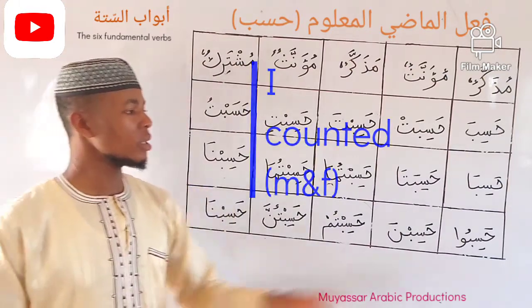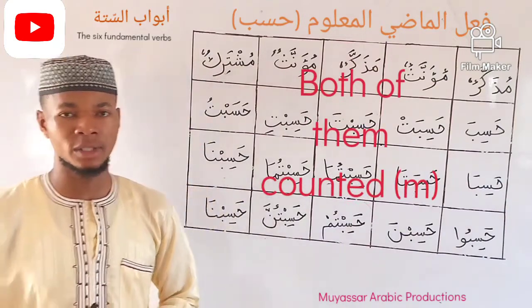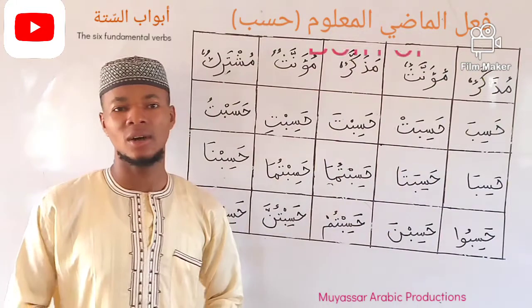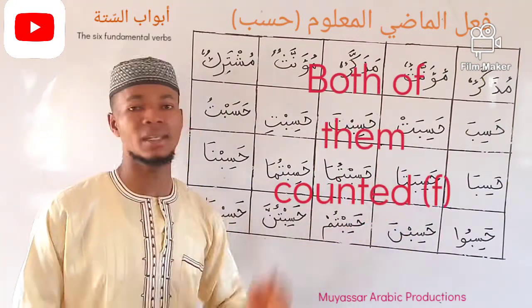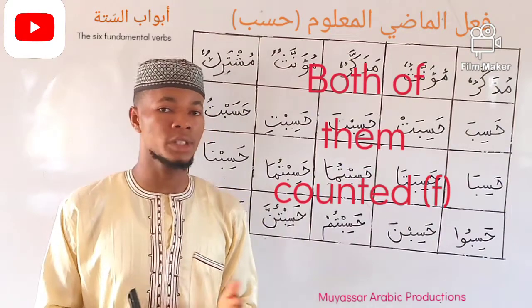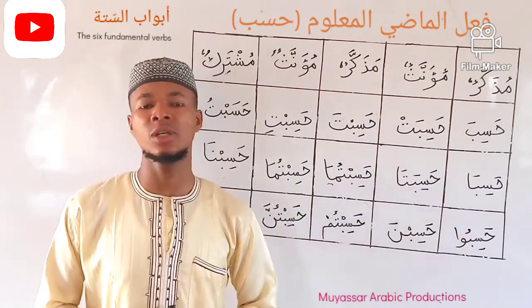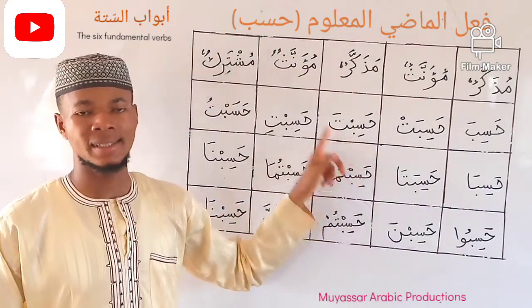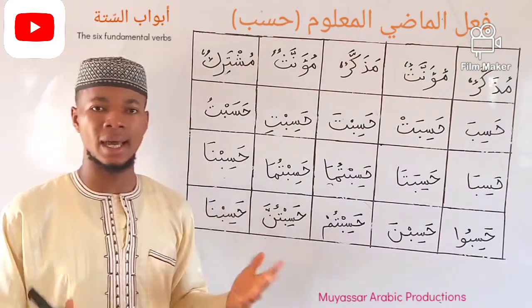Then the next will be hasiba, meaning both of them counted, for the masculine gender. Hasibata, also both of them counted, for the feminine gender. Now you can do the same thing with any other kind of verb. For instance, you want to say you sat, so you say jalasta. Then you want to say he wrote, you say kataba.